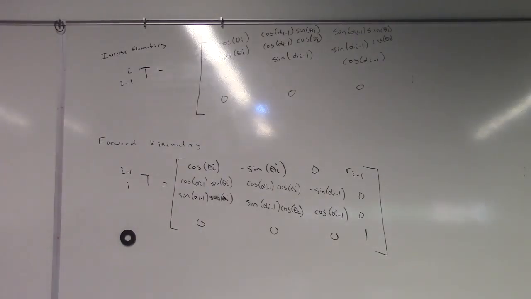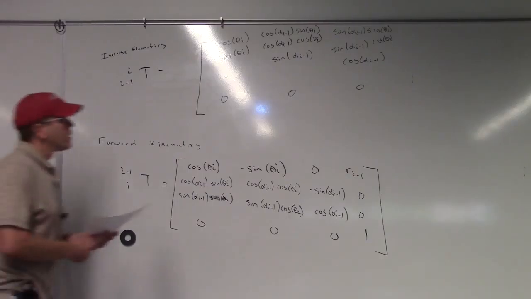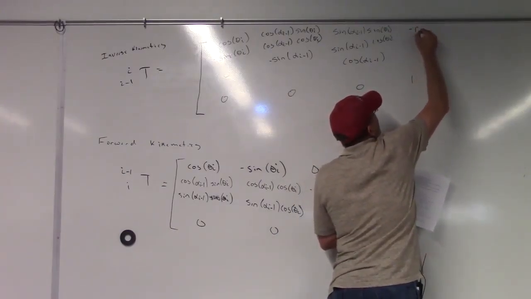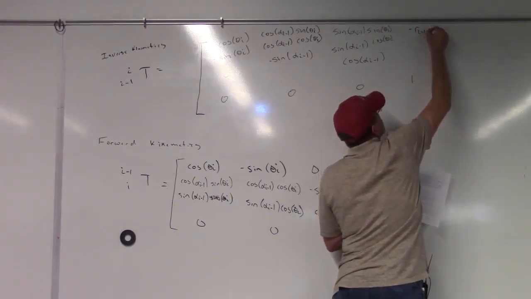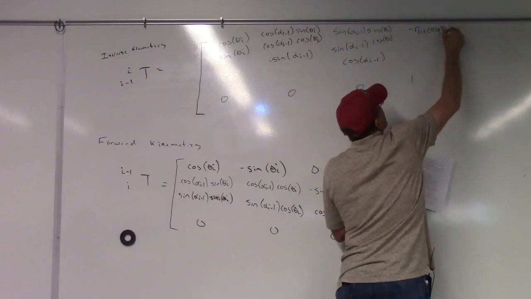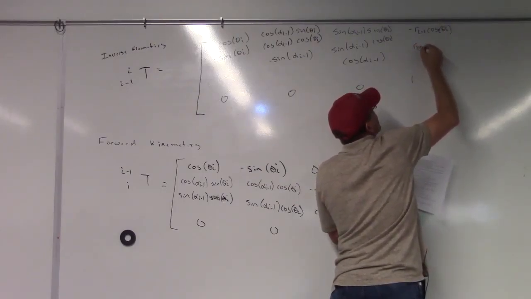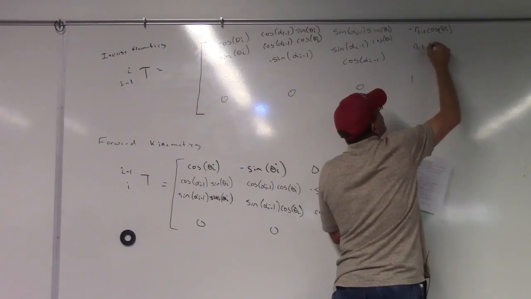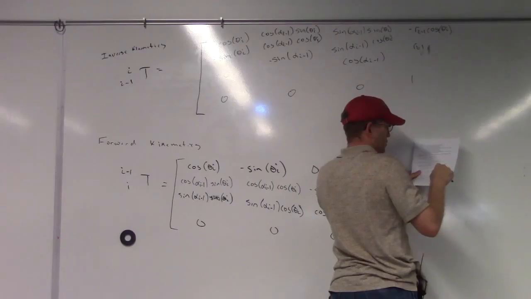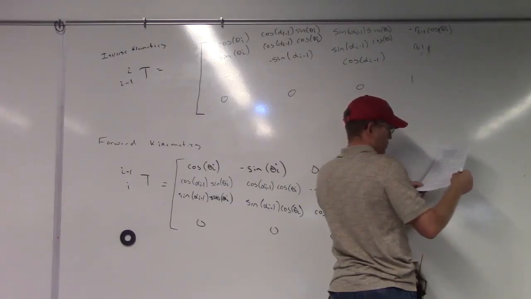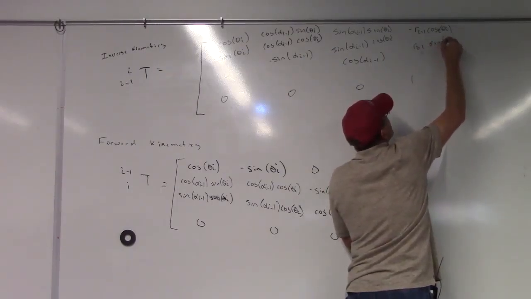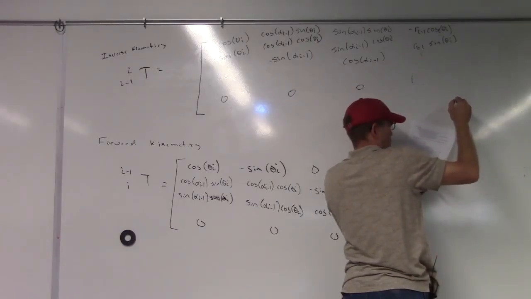And when we do so, we end up with the translation vector being r i minus 1 times cosine of theta i, r i minus 1 times sine of theta i, and 0.